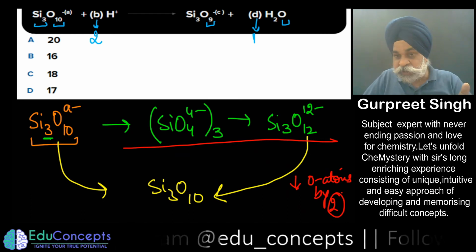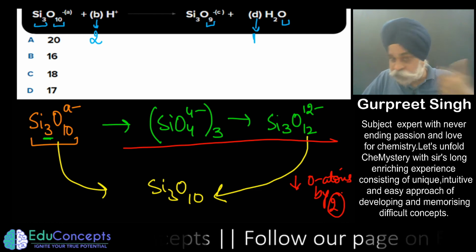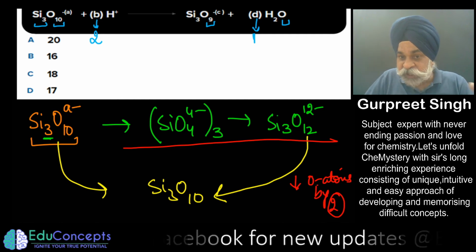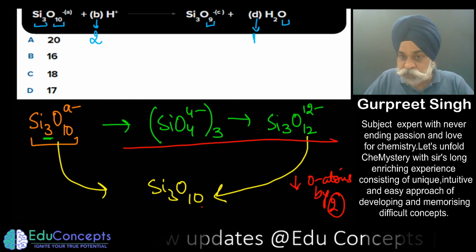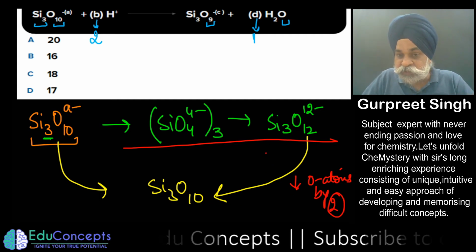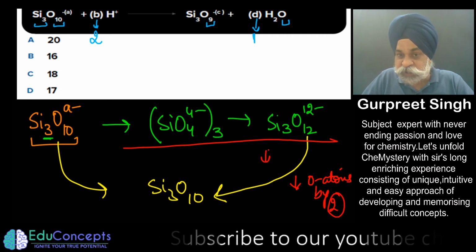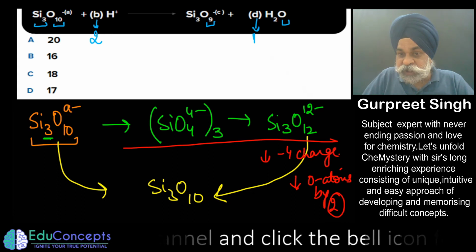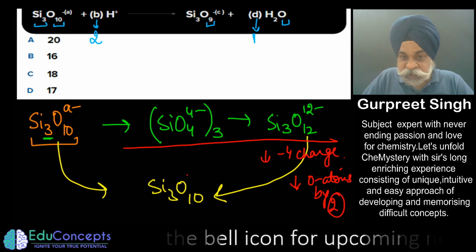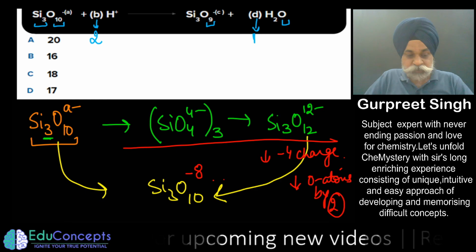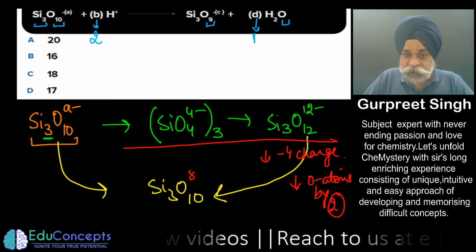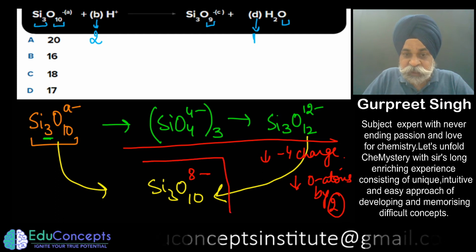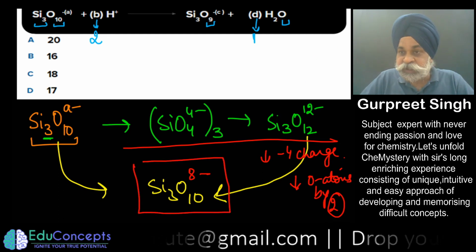Why I am doing it that way would be explained in a few minutes. What I said is, you have decreased oxygen atoms by 2, so the negative charge you are going to decrease by 4. The decrease of 4 negative charge would make this 8 negative. So the value of A happens to come here as A. Let me place it once more in a simpler way.